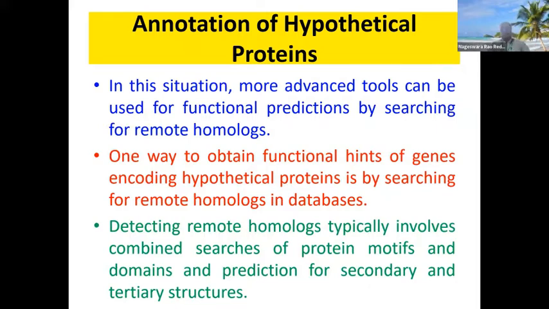When you search, it gives you some information. You predict a motif, it says the motif is there, but we don't know the function of the motif. Then you predict a domain, but we don't know its function. At the same time, we can predict primary, secondary, tertiary and quaternary structure, but we don't know what they do when seen individually.